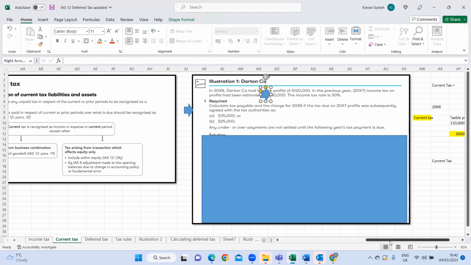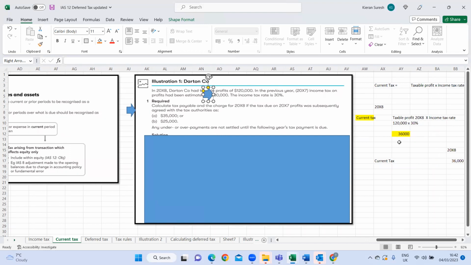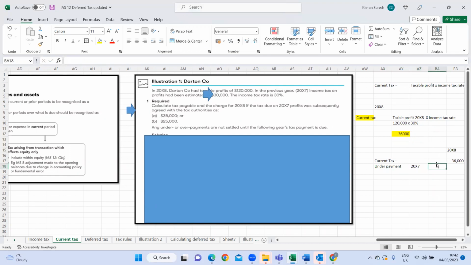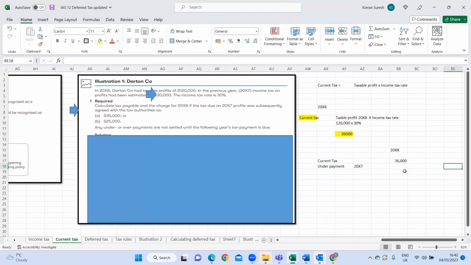So with respect to last year, I have an underpaid tax. The tax underpayment with respect to 2017 is 5,000. So that 5,000 needs to be paid now.